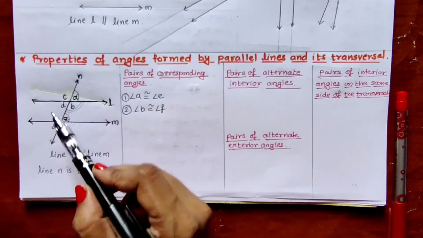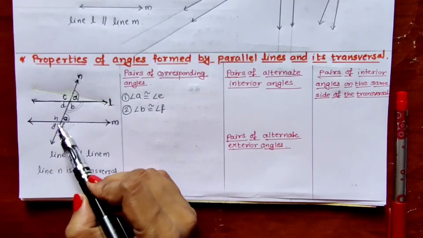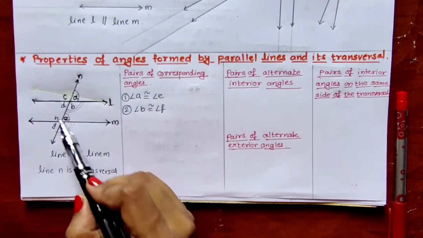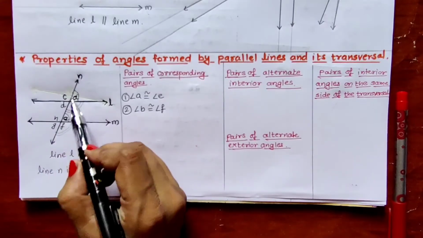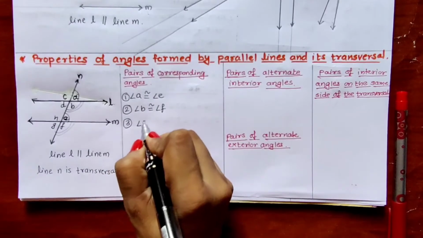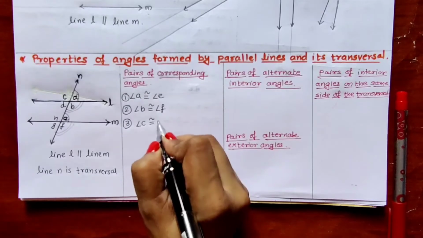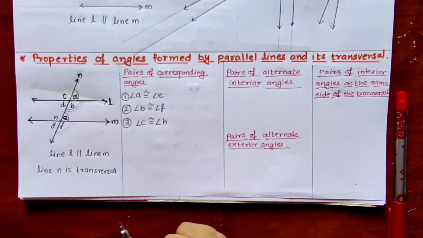Both angles have one arm in the upward direction, the other arm on the left hand side of the transversal, but angle C is on line L and angle H is on line M. They are corresponding angles, and that's why they are congruent with each other. And so I can write the third pair of corresponding angles: angle C is congruent with angle H. They are corresponding also and they are congruent also.